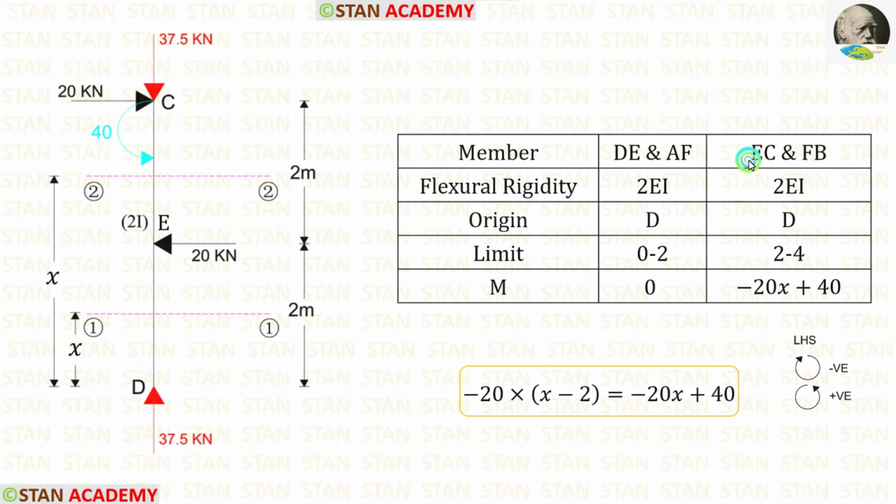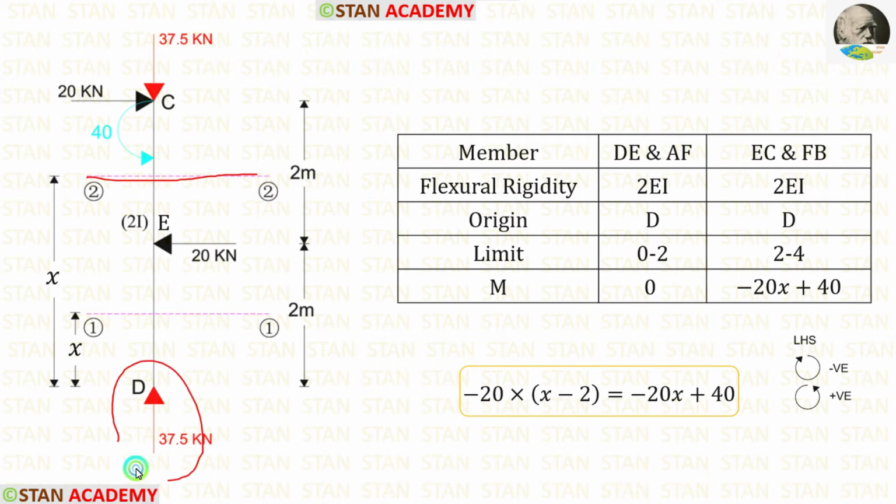Now let us take the portion EC. Here the moment of inertia is 2I, so the flexural rigidity is 2EI. The origin of the section is D. The limit is 2 to 4. Now let us find the moment in this section.